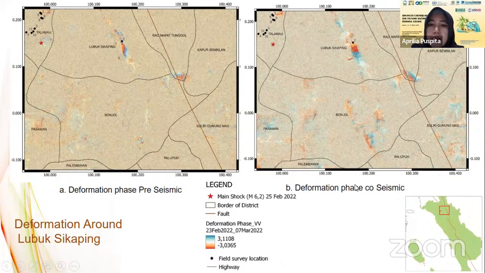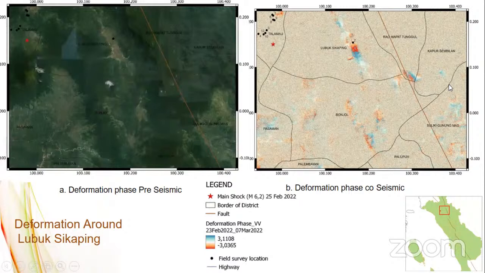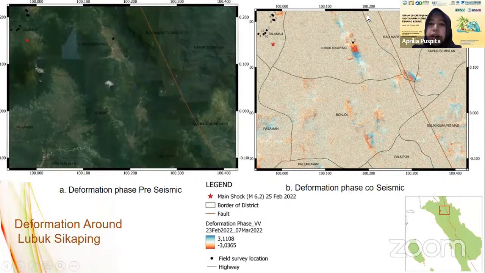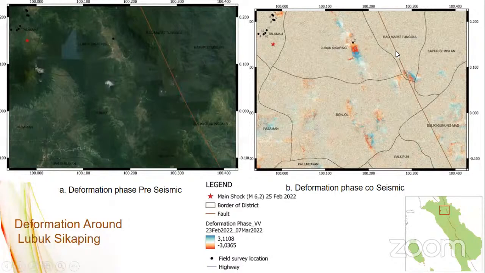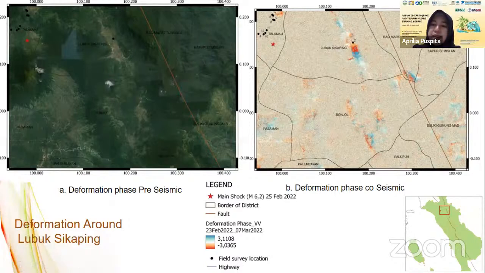If we look at the satellite image, the area numbered 0.2 here is identified as a landslide. We can see it so clearly here, and I guess it is the area of the true fault, the Sumani fault. Not this one, this is a fault that I got from the Pusgen SHP. I think from the DInSAR process, the real Sumani fault is here.